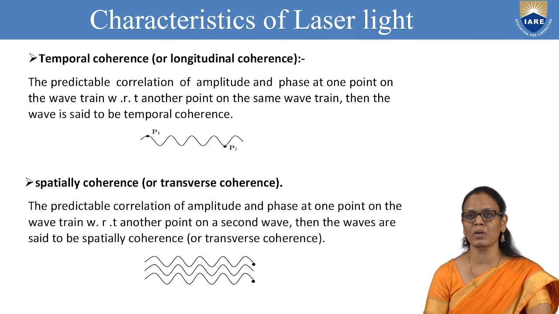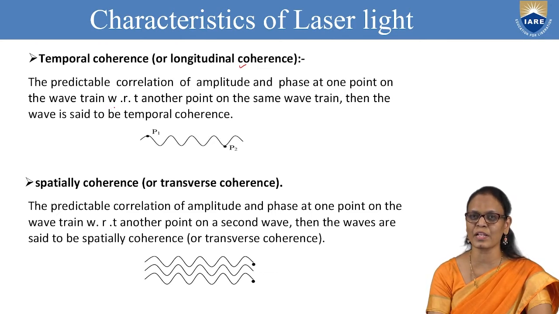Now in temporal coherence, which we also call longitudinal coherence, there is a predictable correlation of amplitude and phase at one point on the wave train with respect to another point on the same wave train.